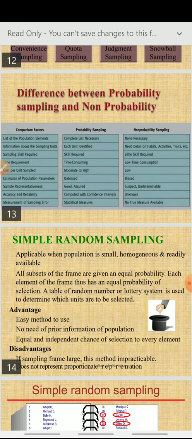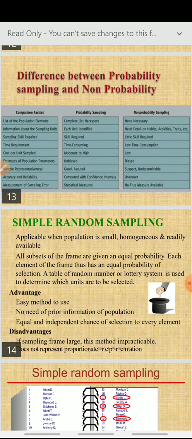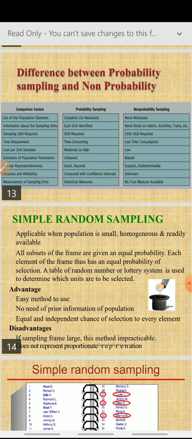What is the basic difference between probability and non-probability sampling? On the left side there are comparison factors, and on the right side the difference between probability and non-probability sampling. If we talk about population elements, a complete list is necessary in probability sampling. What do we mean by a complete list here?